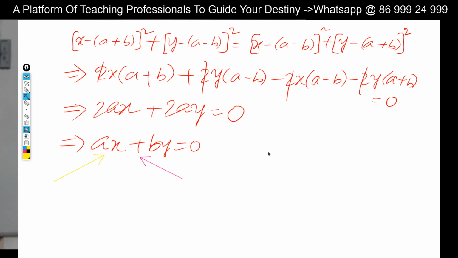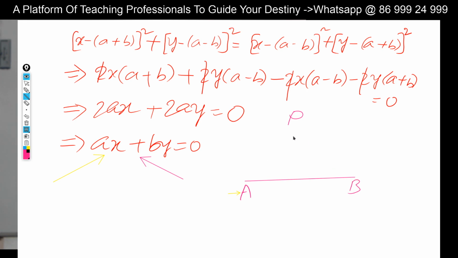See, there are 2 points here, point A and point B, and there is a point on the locus, point P, given to be equidistant from A and B. So this is the line segment AB.